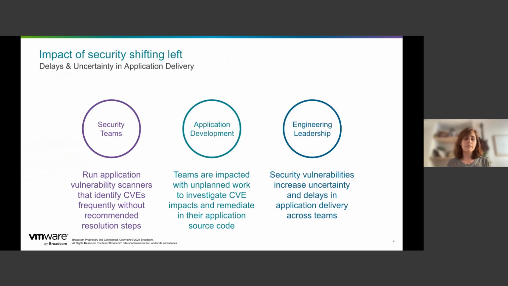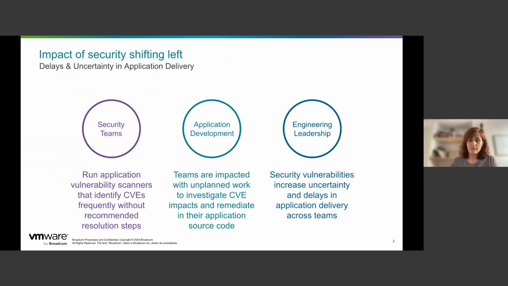However, that impacts developers because remediations are not always easy to apply, right? And it might take weeks of work. And guess what? That removes predictability in the business features that they were planning to build, which in the end creates a lot of uncertainty for leadership.